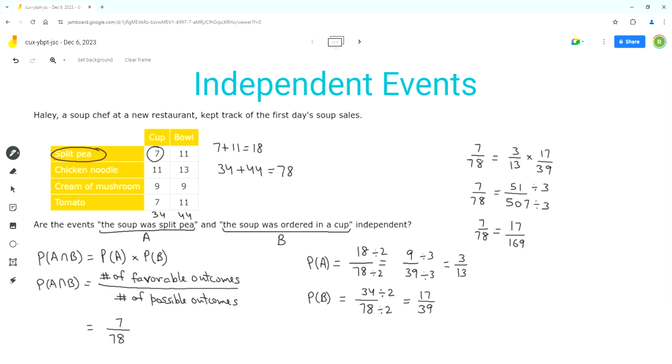These two fractions are not equal to each other. That means the left side is not equal to the right side. Therefore, these events are not independent events because the given data does not satisfy the equation for independent events.